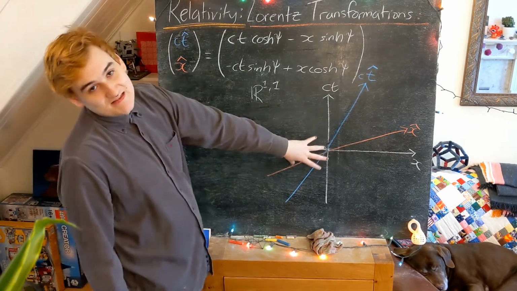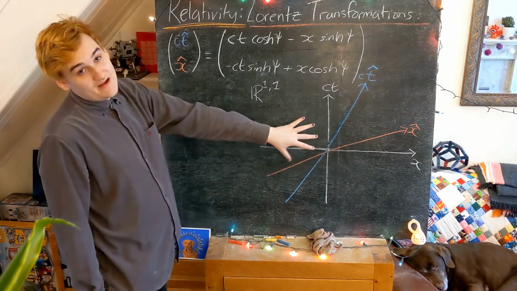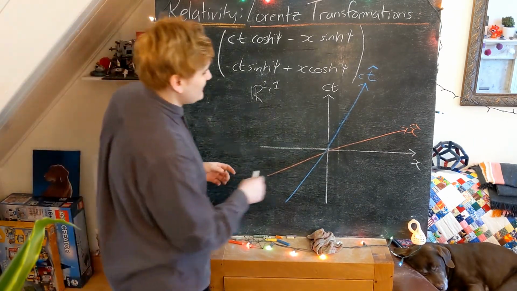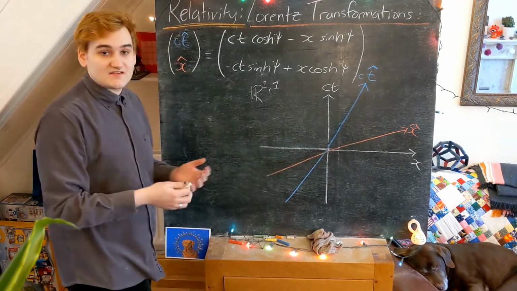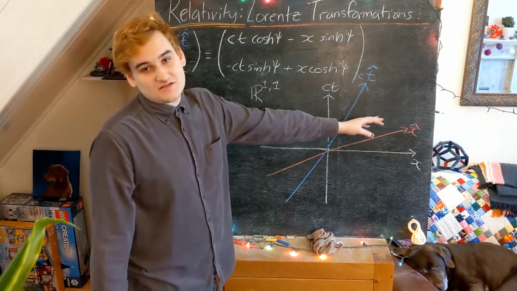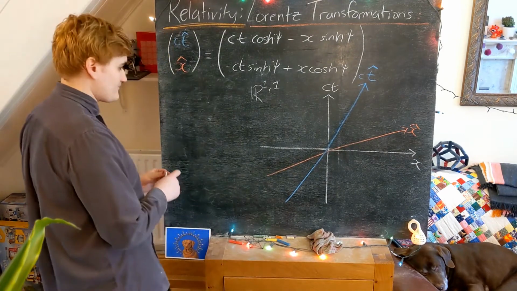So both of these axes are drawn on top of the same manifold, and now what we're seeing is how these two observers are essentially assigning different number values to points in this space-time.